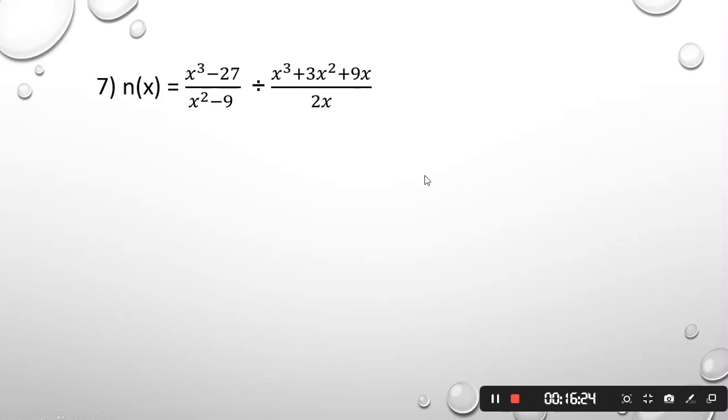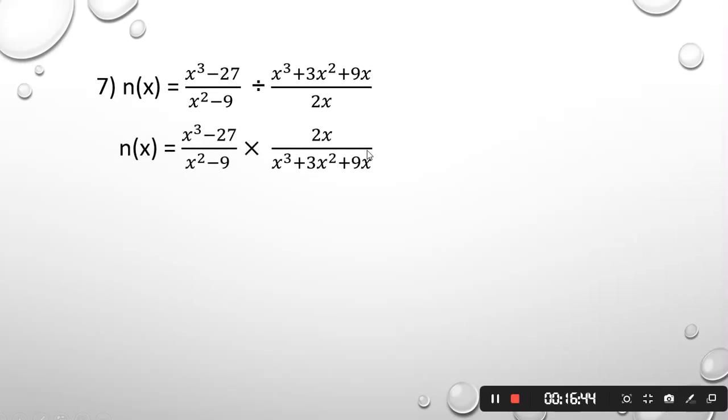N of x equals (x to the power 3 minus 27) over (x squared minus 9) divided by (x to the power 3 plus 3x squared plus 9x) over 2x. First, we change the division into multiplication by keep, change, flip. After that, we factorize.